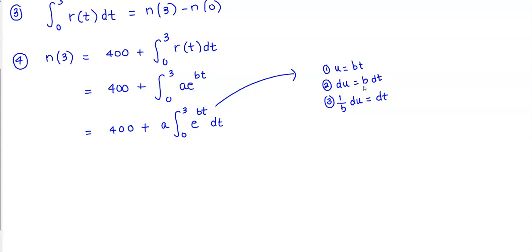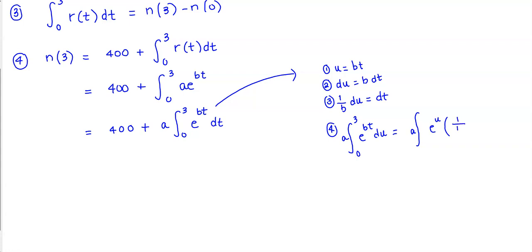Okay, so now let's go ahead to step 4. We know that our original integral is going to go from 0 to 3, and that's a, and that's e to the bt dt, which becomes a times e to the u times 1 over b du. Let's first not write the lower and upper bounds yet.